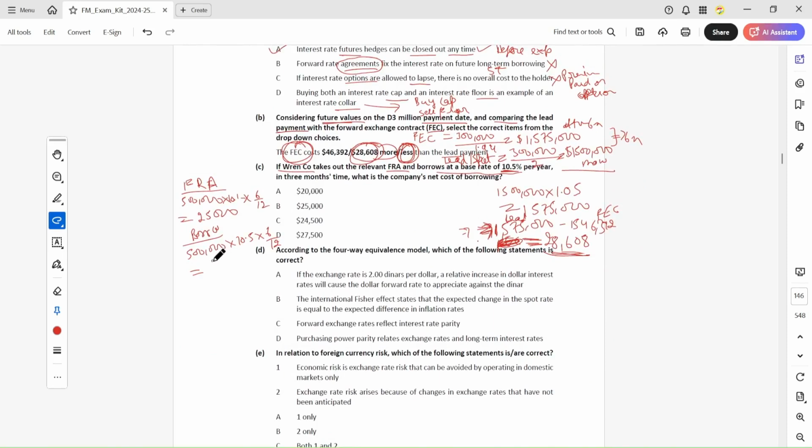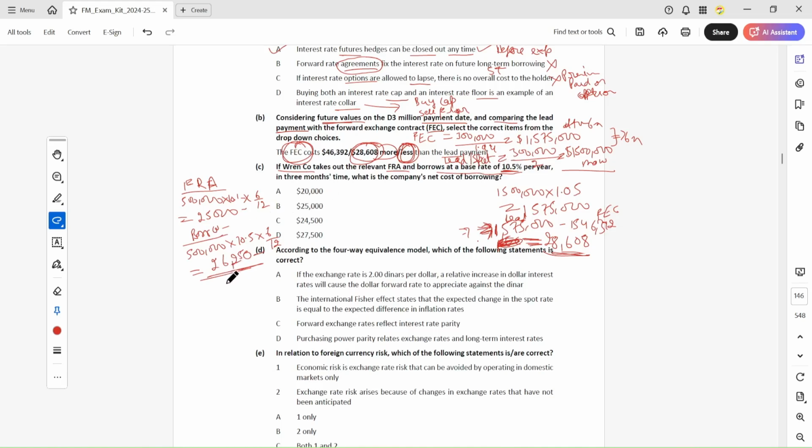So 26,250 we will pay by the borrowing. So we have to pay 25,000 according to the forward rate agreement, but we are paying 26,250 due to this change in movement.